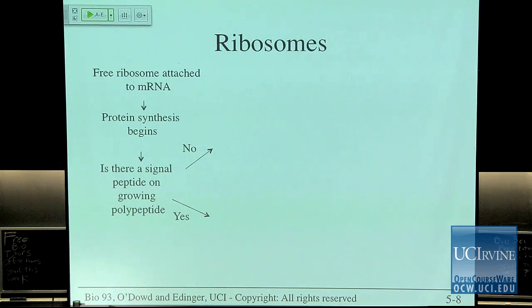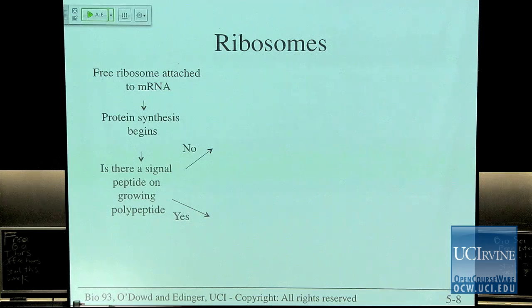It actually binds to one subunit of the ribosome. Does anybody know which one? It binds to the small subunit of the ribosome. Then that attracts a large subunit, and then synthesis can start. So the free ribosome is attached to mRNA. Protein synthesis begins. Then you can go through this flow chart and ask a series of questions.